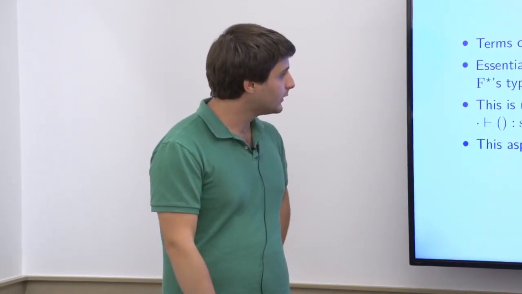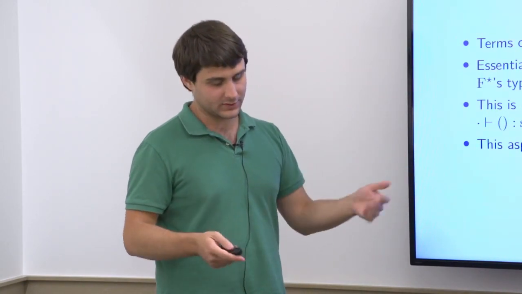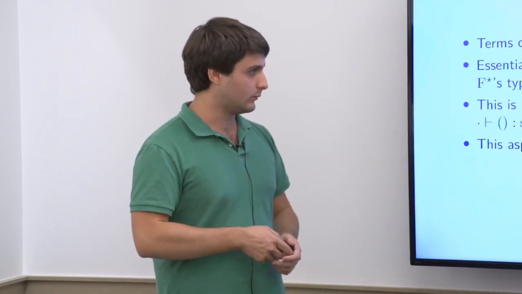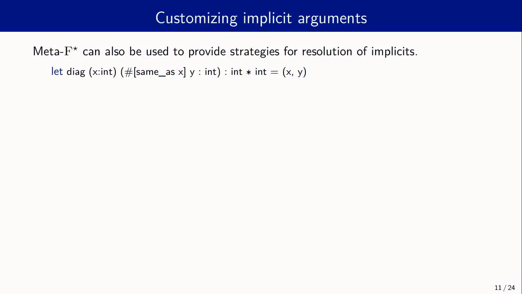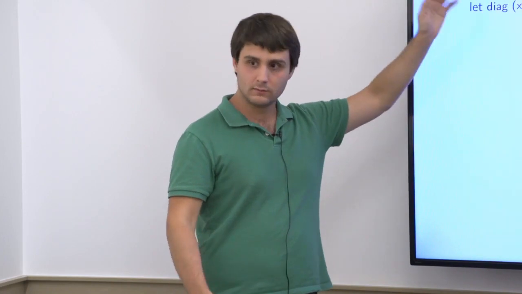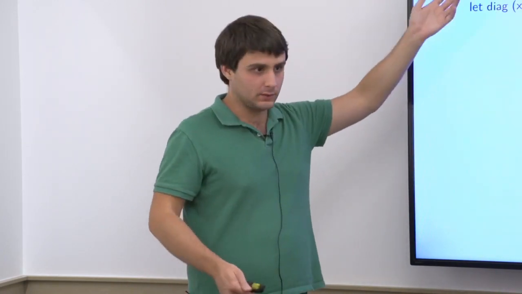Sure. So this was showing how we can use meta F star. You can see it as a way to script F star's typing judgment to do whatever you want. But we went a bit further and started to type check the way the tool itself works. So in Surface F star, the thing programmers use, there are implicit arguments, as in pretty much every proof assistant ever, which really have no semantic meaning, right?